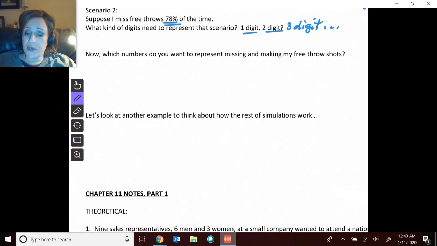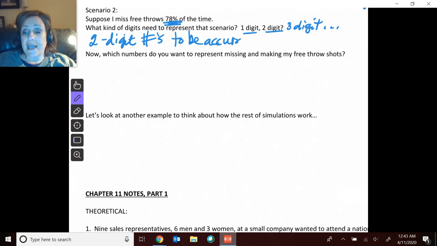Well, I hope you can see that when we need to be more accurate, then we need more digits to represent those accuracies. So we do, in this case, need 2-digit numbers to be accurate and more precise to the ones place. We're not just doing it to the tens digit.